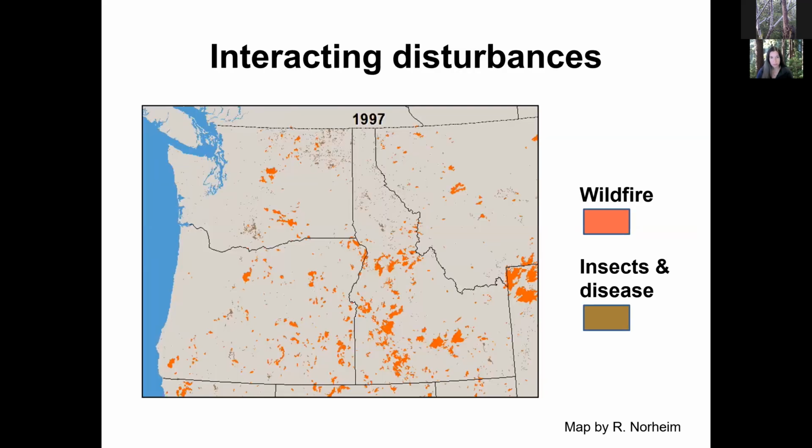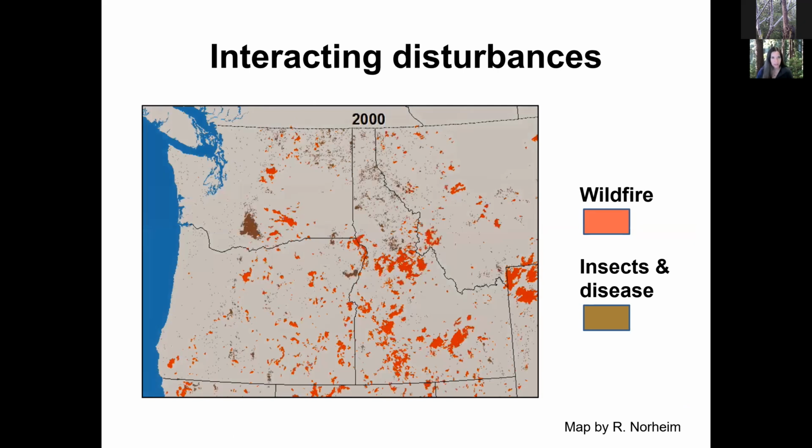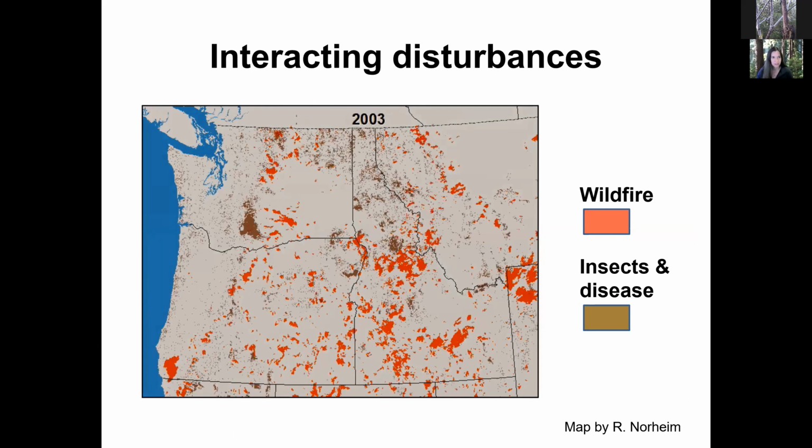And we're starting to see, with more and more fires occurring and also these insect and disease outbreaks, some interactions. Let's see if I can get this to start. There we go. This is starting back in 1997 and going forward. You can see the different footprints of fires and insects and disease.